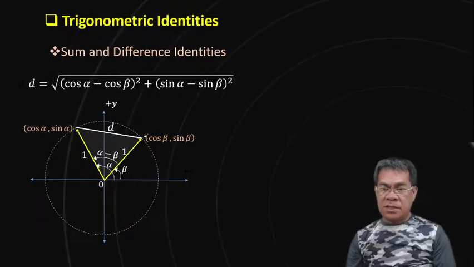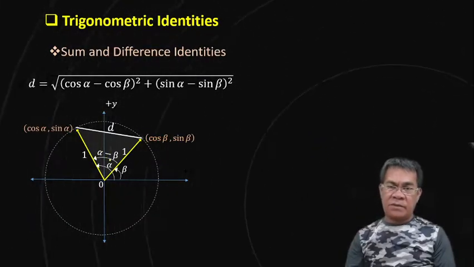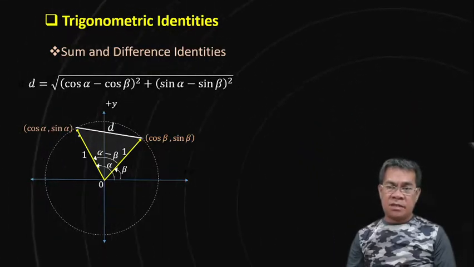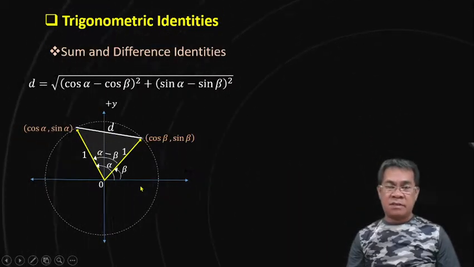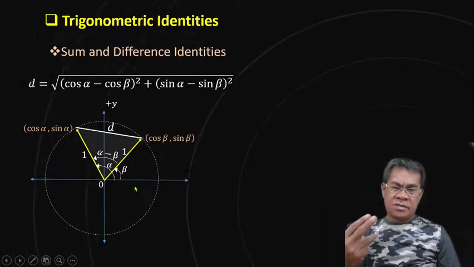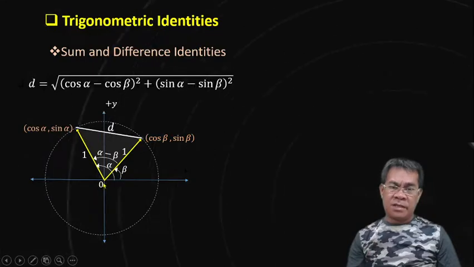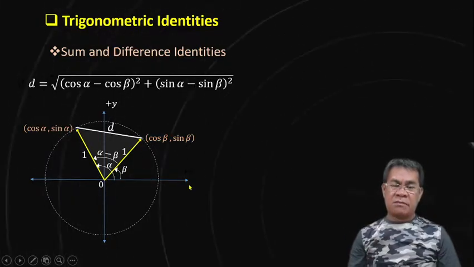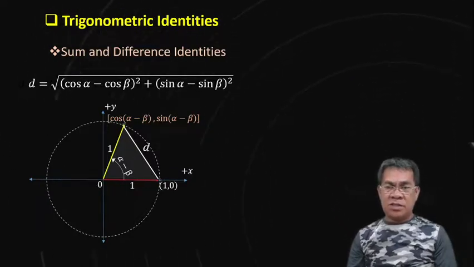This angle, remember, is alpha minus beta. So if we maintain alpha minus beta and maintain everything, meaning maintain the sides and the distance is the same, but place it in the first quadrant so that one side of this triangle lies on the positive x-axis. Okay, that's it. Now there are changes in the coordinates.